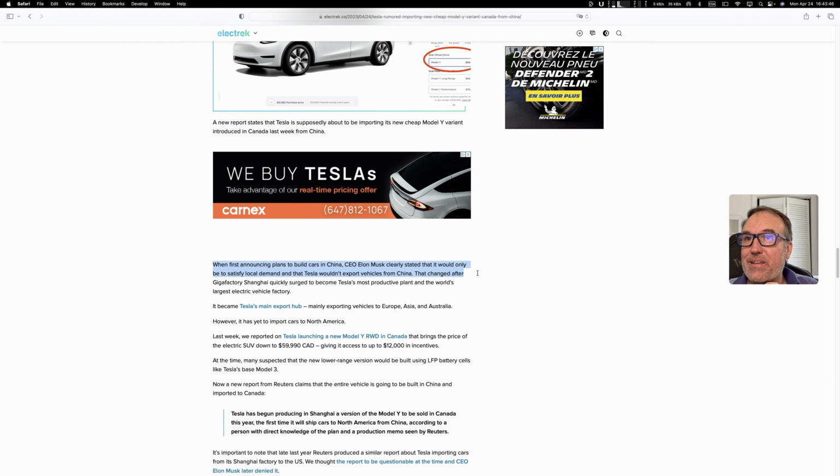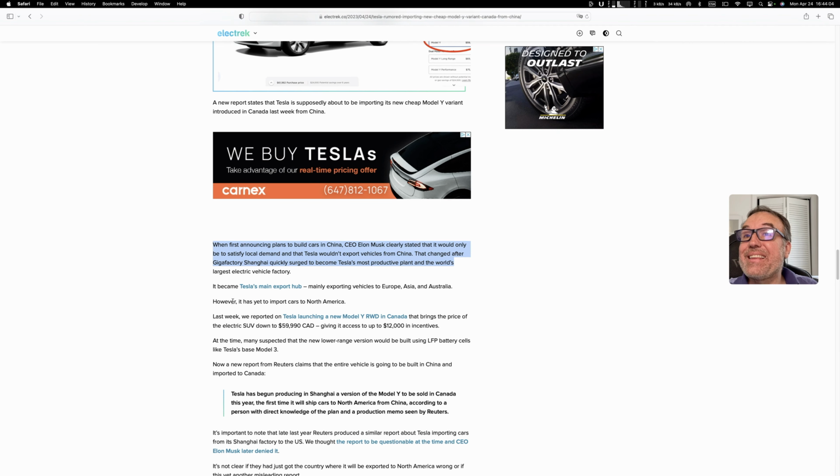That changed after Gigafactory Shanghai quickly surged to become Tesla's most productive plant and the world's largest electric vehicle factory. It became Tesla's main export hub, mainly exporting vehicles to Europe, Asia, and Australia. However, it has yet to import cars to North America.